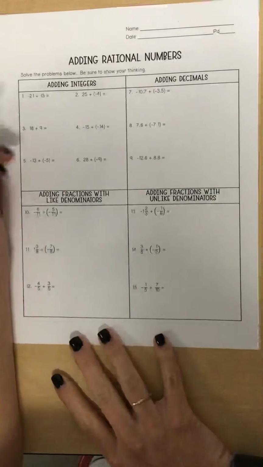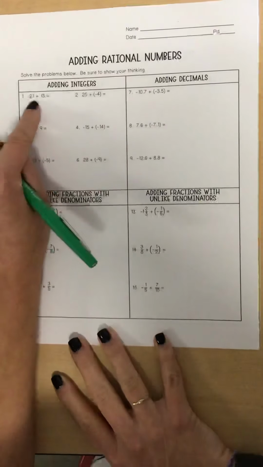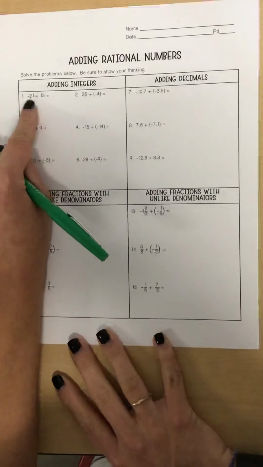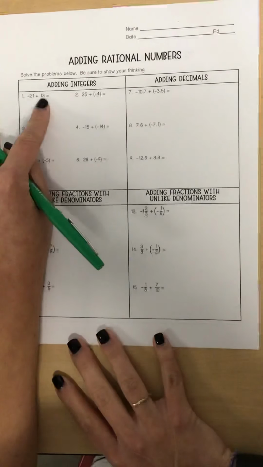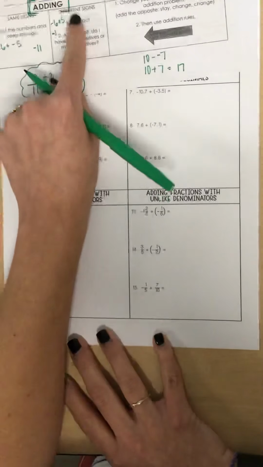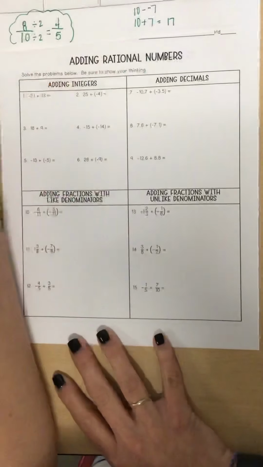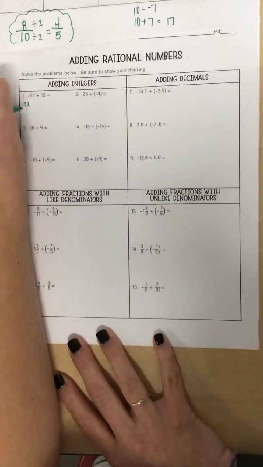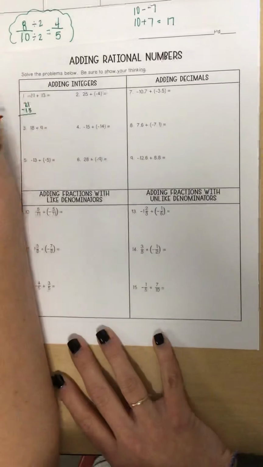So here, let's begin. Negative 21 plus 13. I have a negative and a positive. So since I have a negative, if I look back at my notes, the first thing I'm going to do is subtract because I have different signs. So I'm going to subtract 21 minus 13.